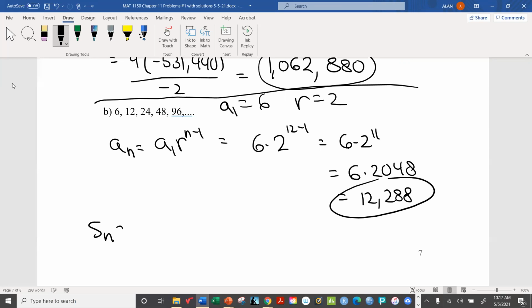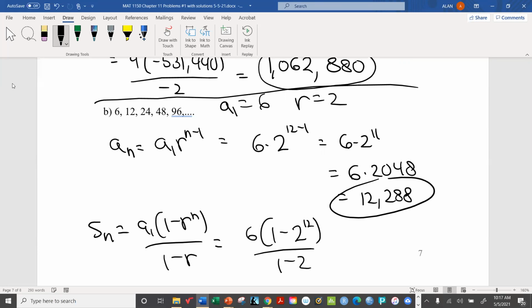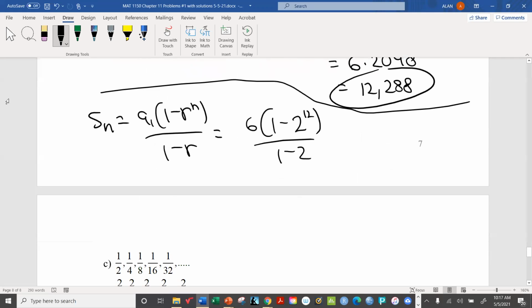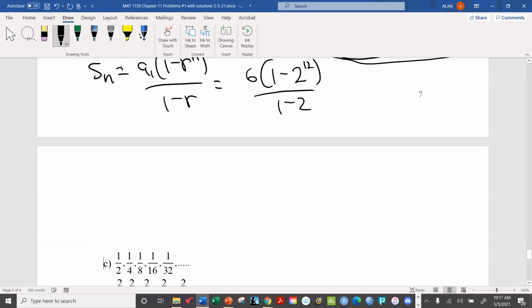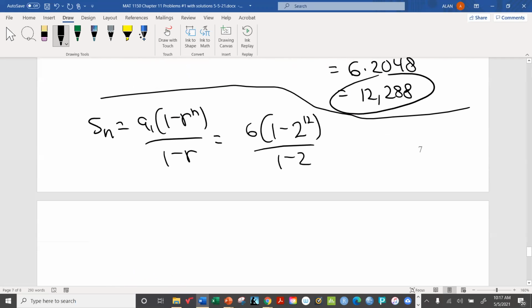And of course, our formula for the sum is A1, 1 minus r to the n, all over 1 minus r. 6 times 1 minus 2 to the 12th. Equals 6 times 1 minus, so 2 to the 12th is 4096.